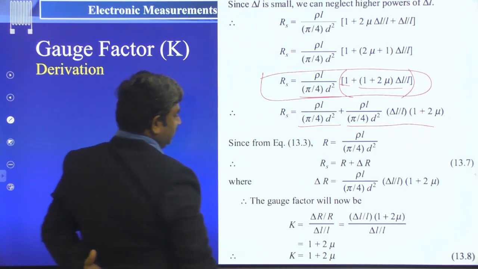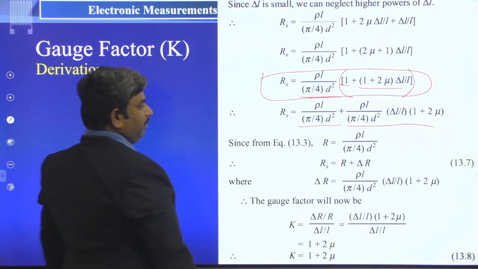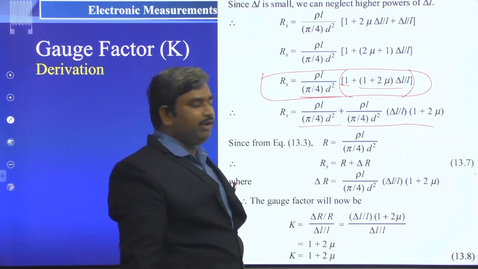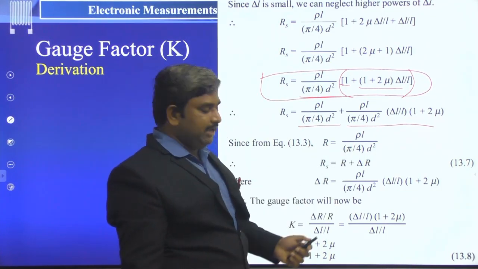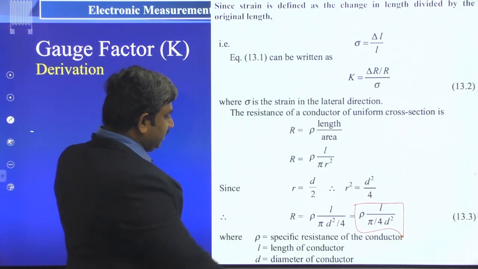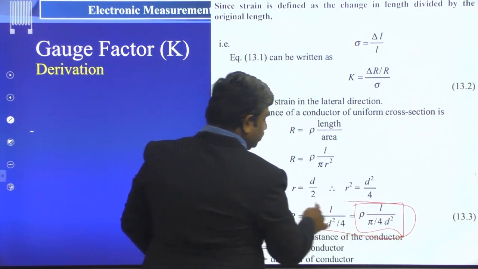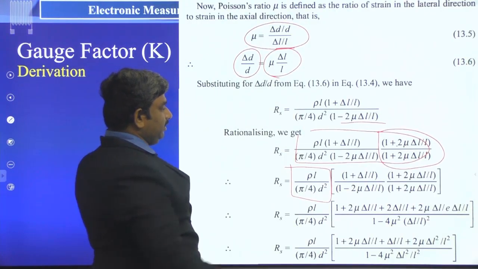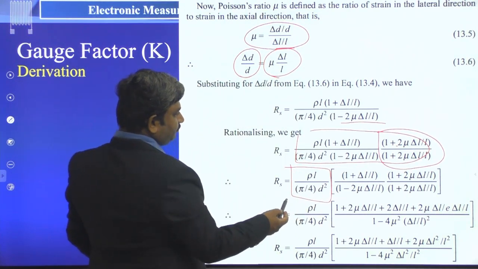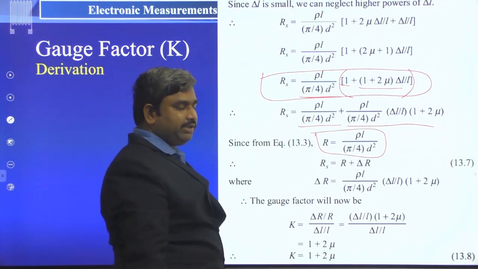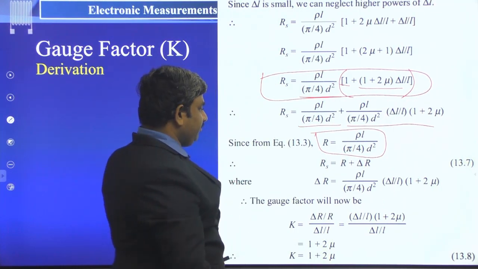Previously I have the expression R is equal to rho L by pi by 4 d square. This is the 13.3 expression, which we have taken in the previous slide.